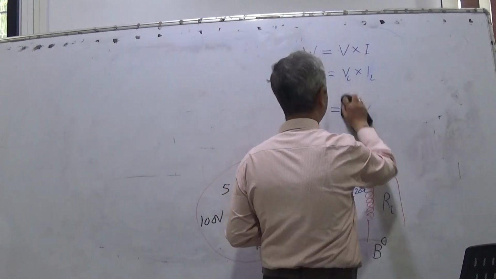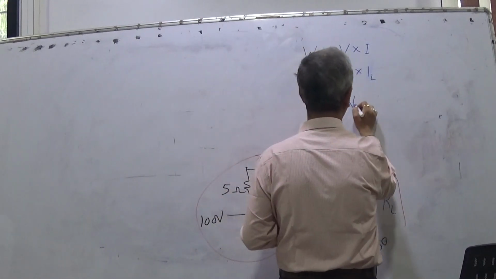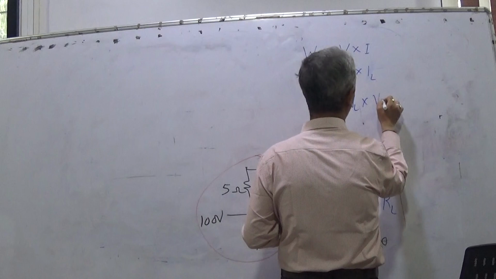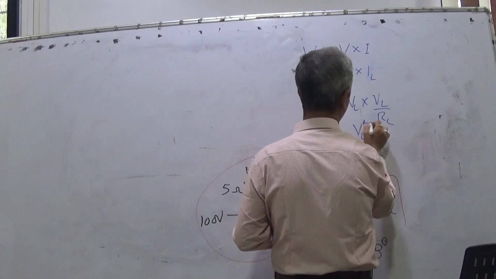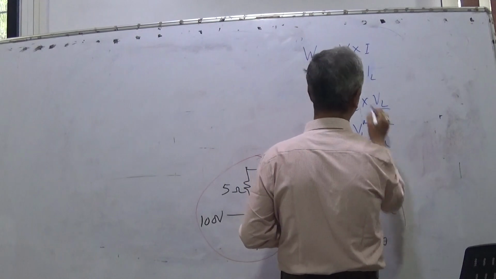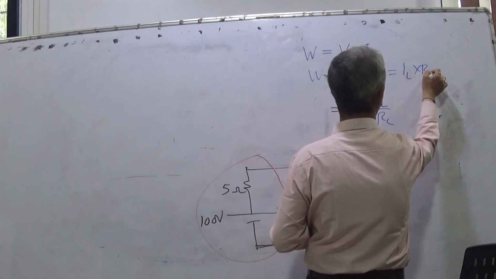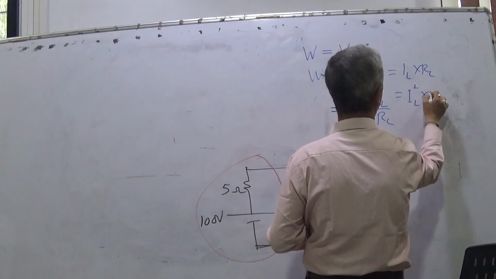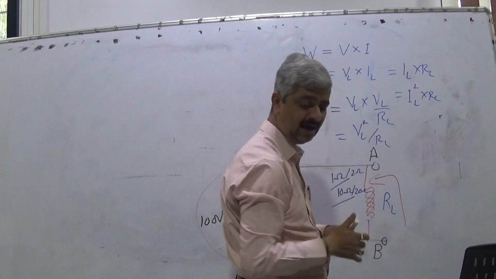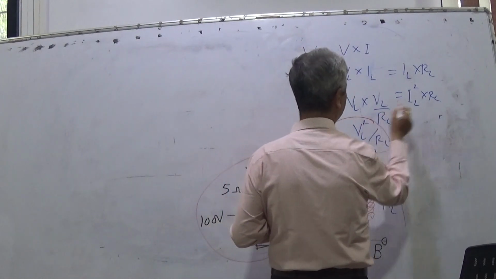IL is VL upon RL, so the power is VL square upon RL, or VL is also IL into RL, so it is IL square into RL. So V square by R or I square R is the power.